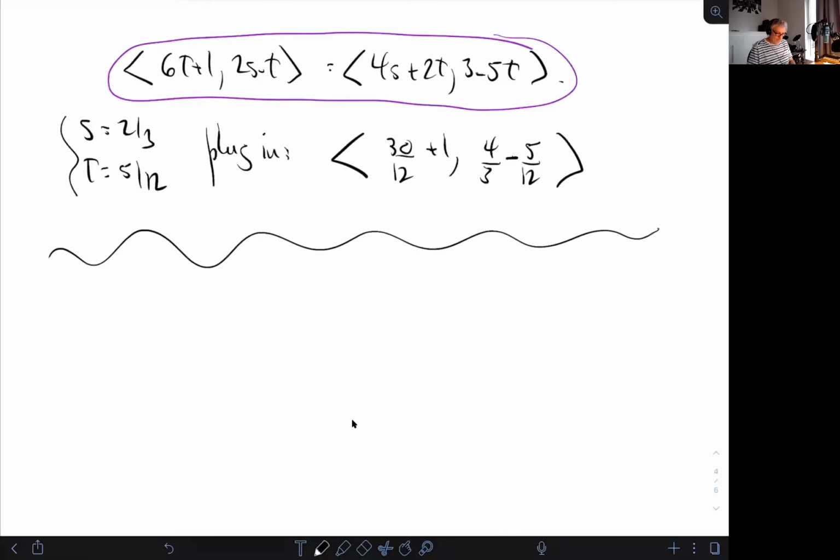Okay, all right. So I'm going to go back to chapter 10. This is number 25A.